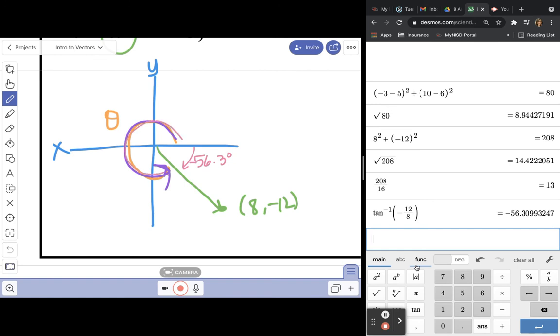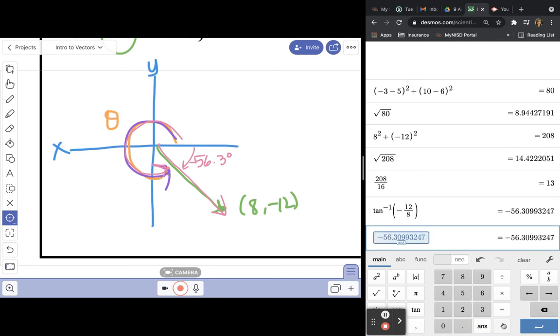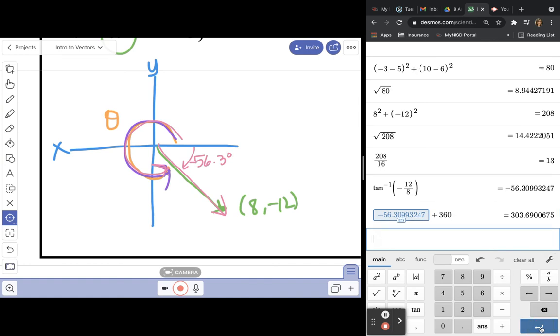So how do I find out what that would be as a positive angle? So remember coterminal? It's exactly 360 degrees apart. So if I started at negative 56 and I went a full circle, that's 360. So I'm going to get that number. So I'm just going to put answer plus 360. So that's 303.7. To me, that makes a little bit more sense.